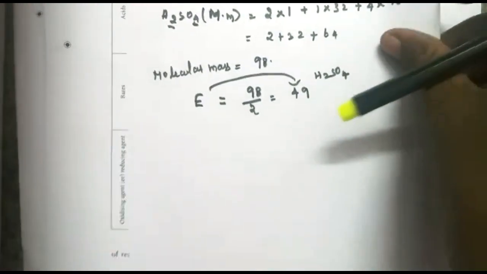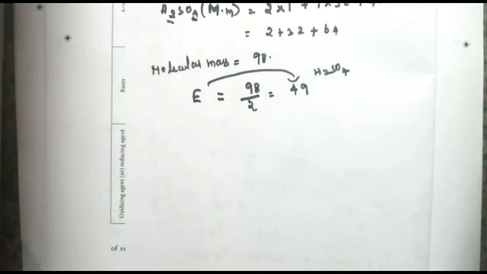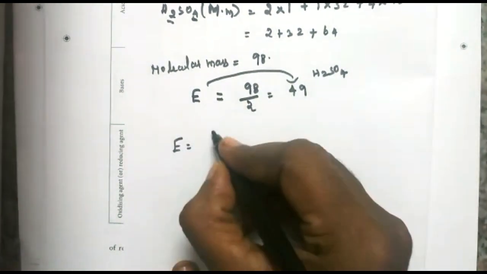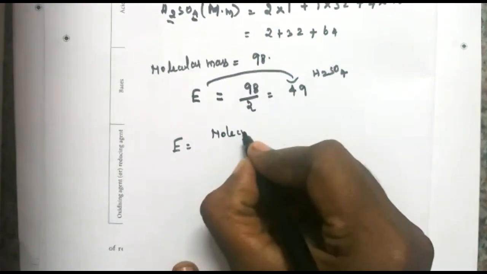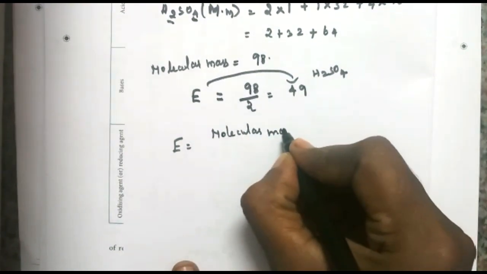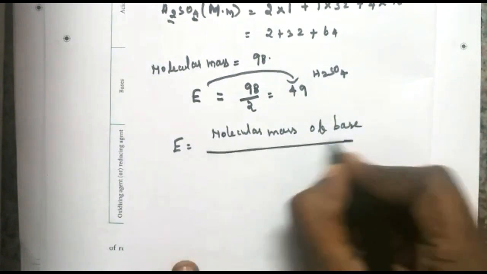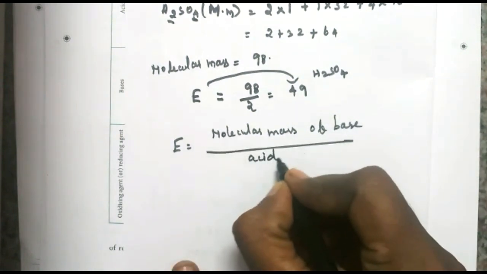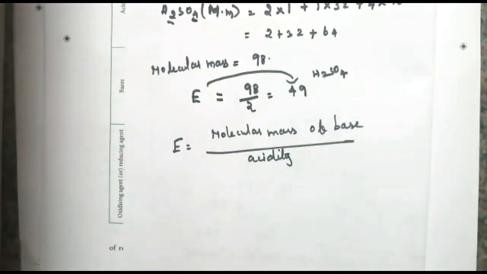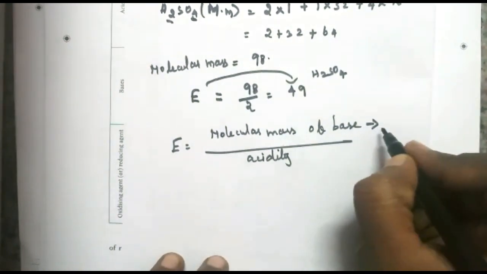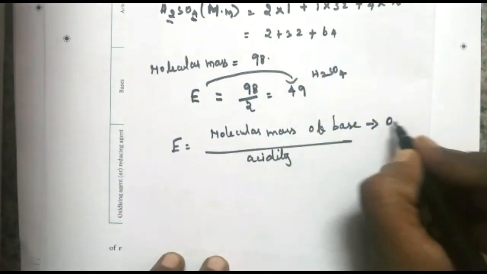Now we are going to see the equivalent mass of a base. The equivalent mass of a base is equal to the molecular mass, or molar mass, of the base divided by acidity. What is meant by a base? A base is nothing but a substance which dissolves in a solution to produce OH minus ions.